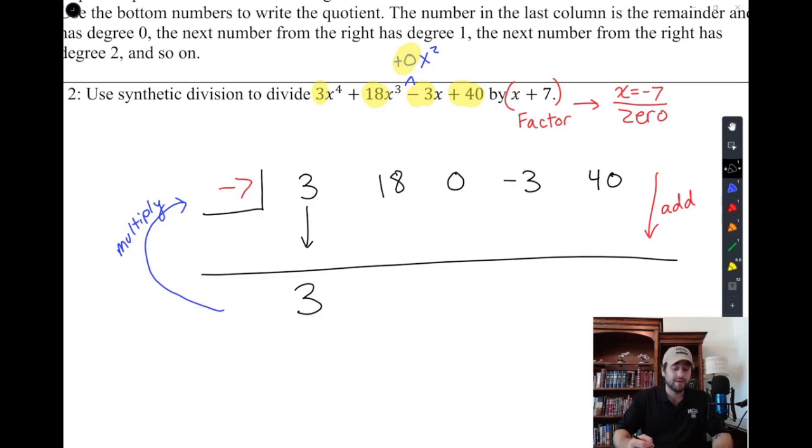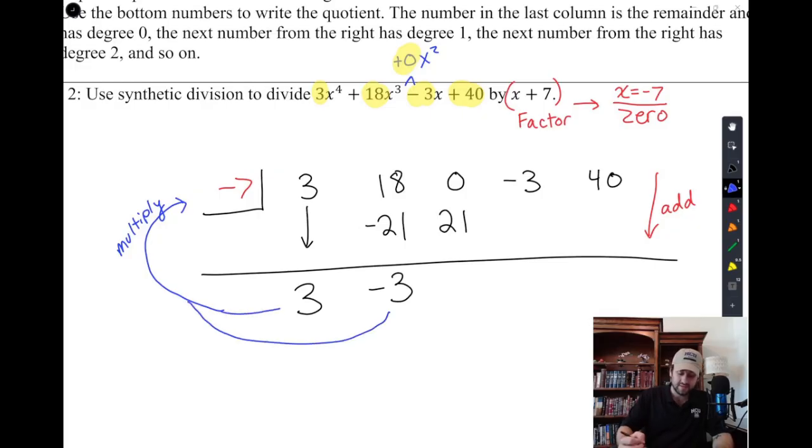And so 3 times -7 is -21, and then we add these two numbers. So we get a negative 3. And negative 3 times negative 7 is a positive 21. This one just got multiplied. We just added it to the multiplication.